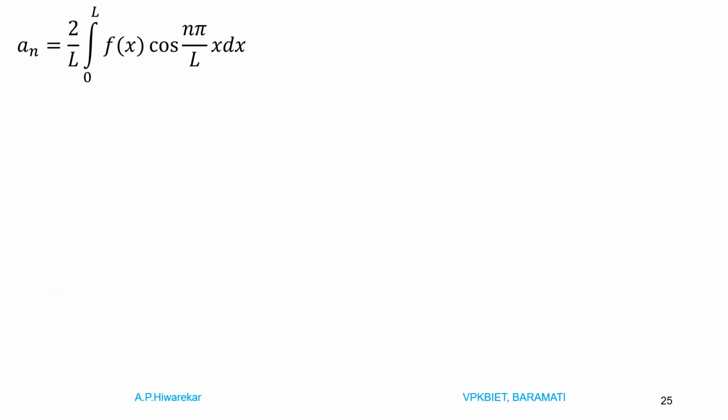an is 2 by L, integral 0 to L, f x cos of n pi x by L dx, where f x is 2 minus x, and the length of interval is 2 here, so the value of L is 2.